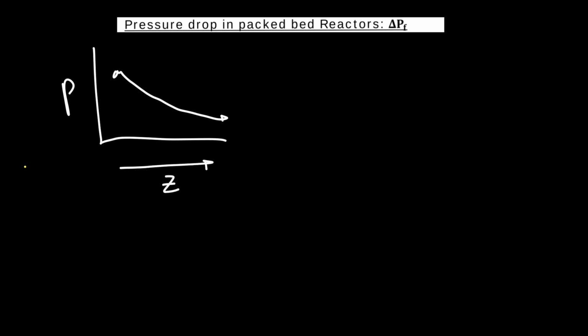Another reason why it may be important to know which pressure you will be at the outlet of your liquid phase reactor is, let's say you operate at a temperature of 500 degrees Celsius and you've got liquid components and you want them to remain in the liquid phase over this entire length of your reactor.